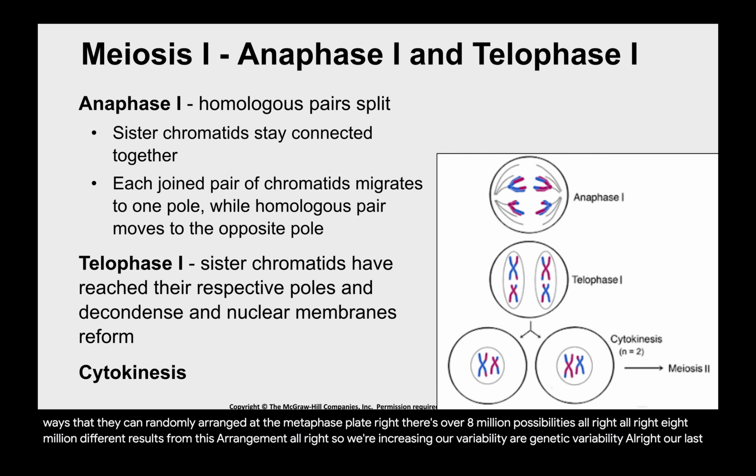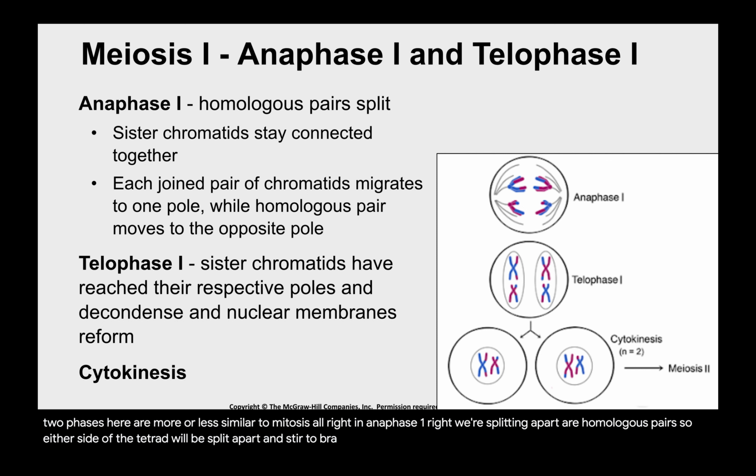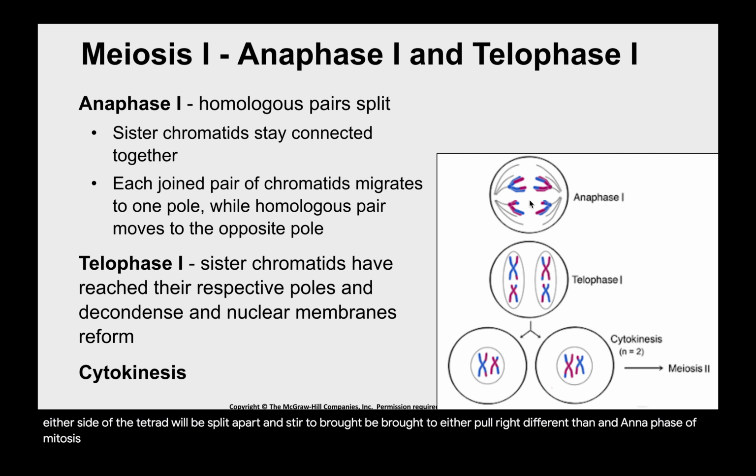All right, our last 2 phases here are more or less similar to mitosis. In anaphase 1, we're splitting apart our homologous pairs. So either side of the tetrad will be split apart and start to be brought to either pole. This is different than anaphase of mitosis, where we're splitting sister chromatids.